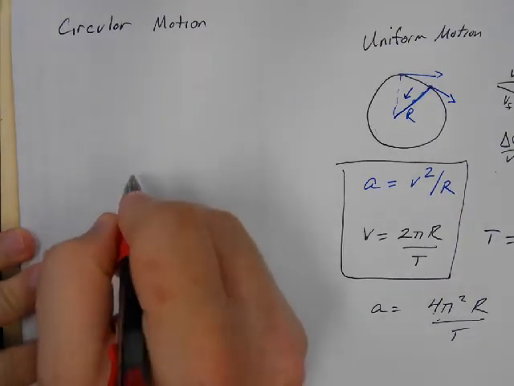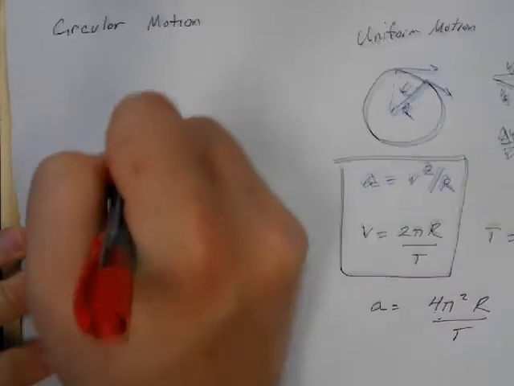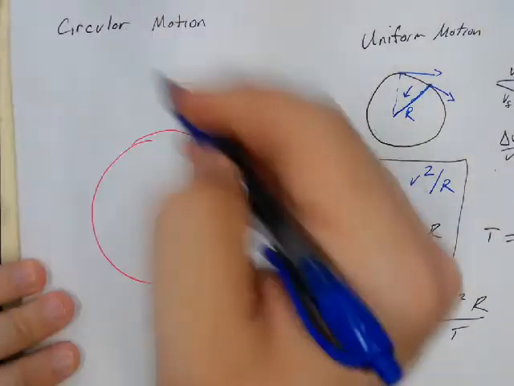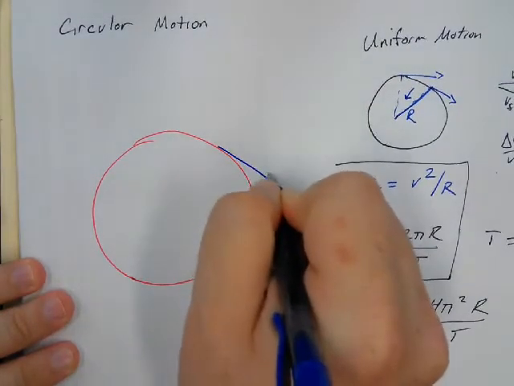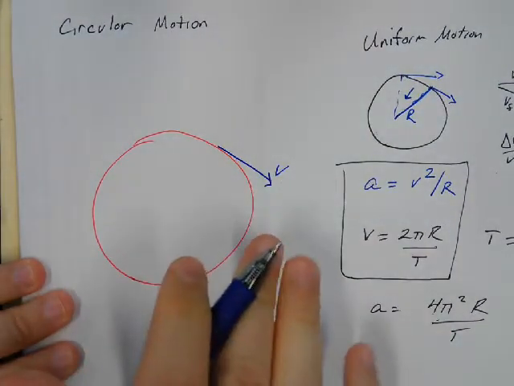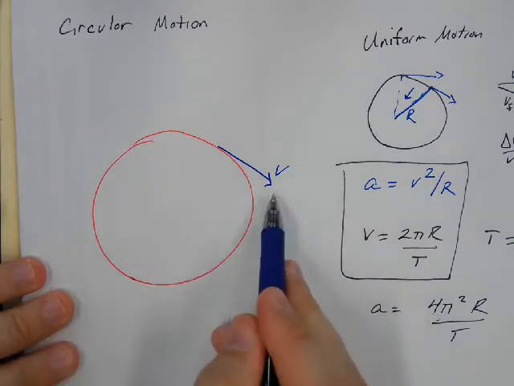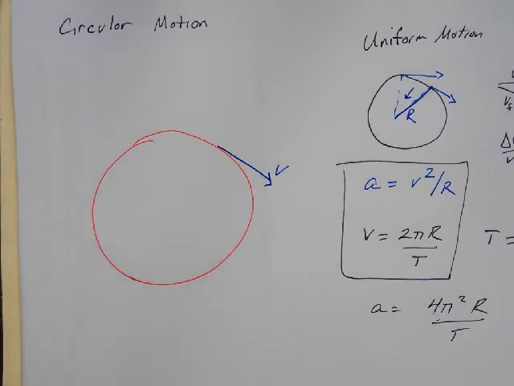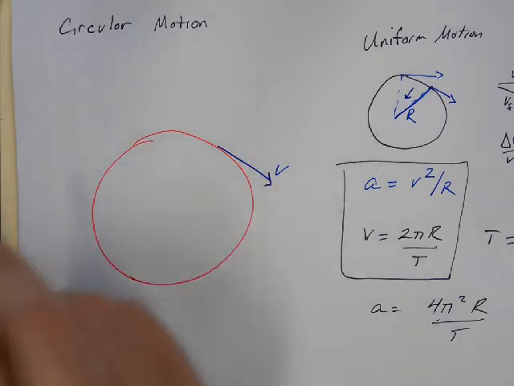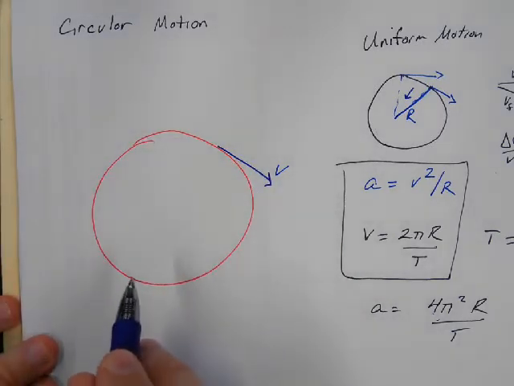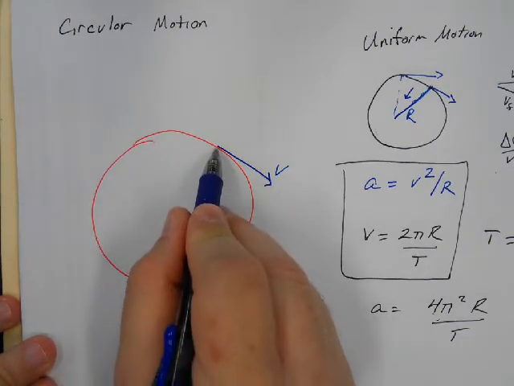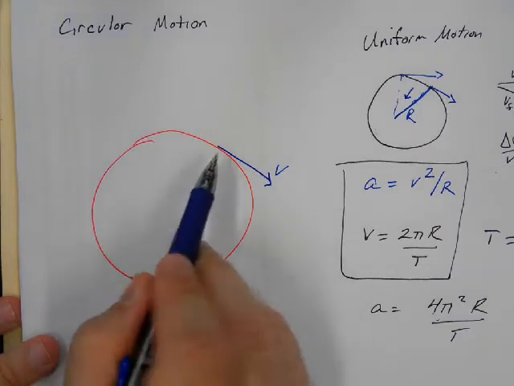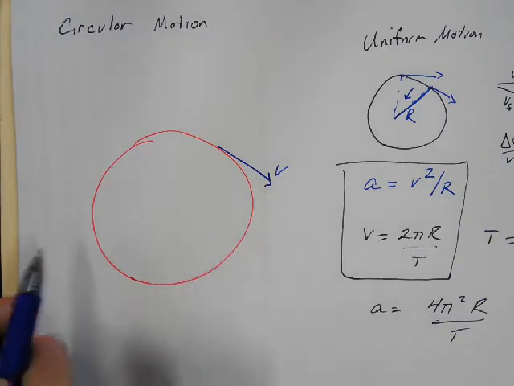I'm going to draw the picture here to start with. Nice big picture. All right, so we have a circle, and we're going to give this thing some velocity. But we don't know what it is. We're going to try to figure out what this is. So what this is going to represent, let's say that there's a car, and it's driving around a circular track. Okay. So if we have this car and it's driving this circular track, well, if it starts at rest and speeds up, it's got to accelerate.